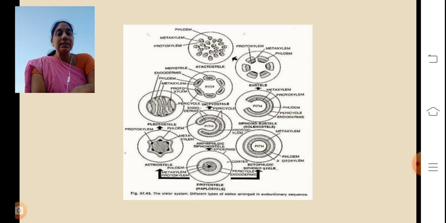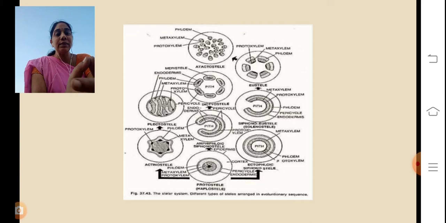So we can see in this diagram how protostele without any pith, later on gives actinosteles and plectosteles on one side, and on the other side a pith is formed at the center of the xylem. Thereby different types of steles we can see up to dictyostele evolution. So this is about the stellar evolution.